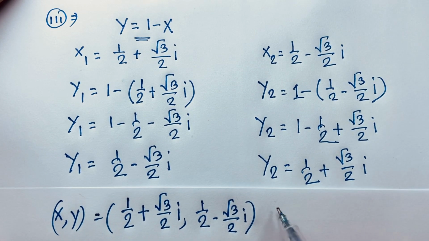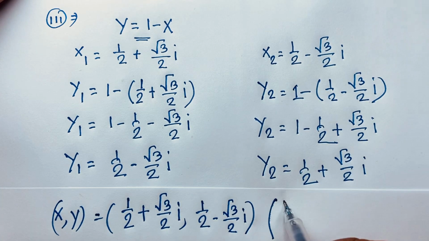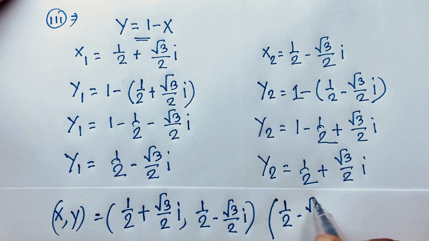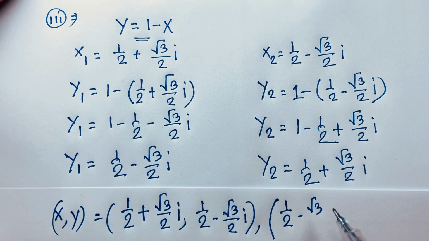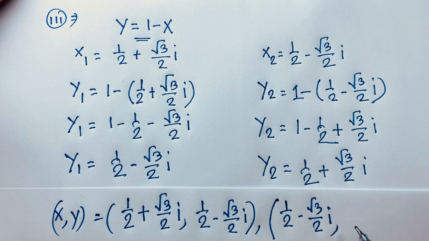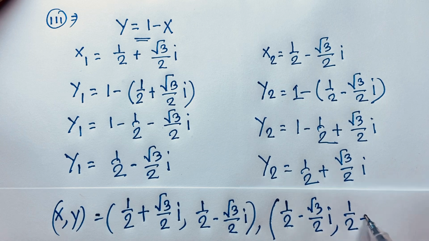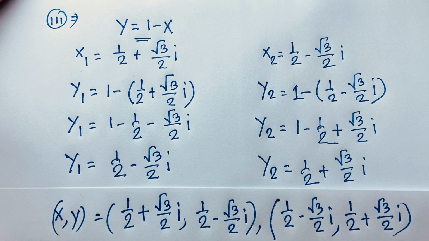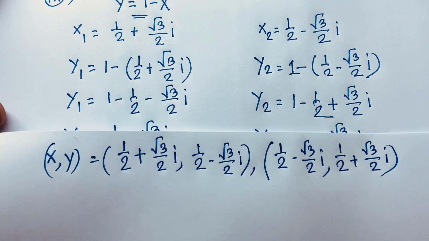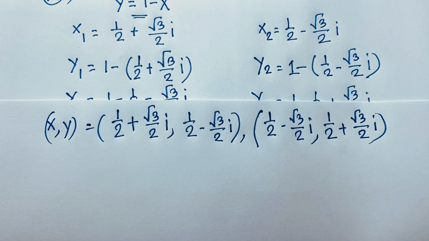And again when x2 is equal to 1 over 2 minus square root 3 over 2i, this time we'll find the y value, it will be half plus square root 3 over 2i. This is our answer in this maths question. Both are complex solutions. There is no real solution.